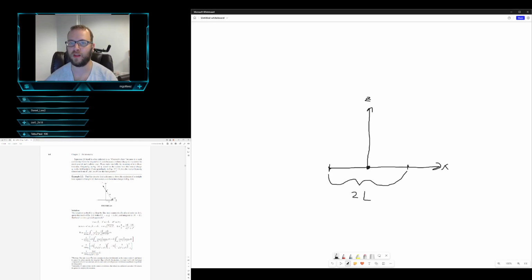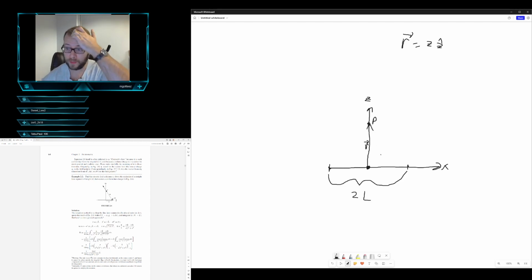So define our origin at the midpoint, and we want to find some arbitrary point P. So, R is simply this. This is our R vector. So R is equal to z z hat, where z is the distance to point P.